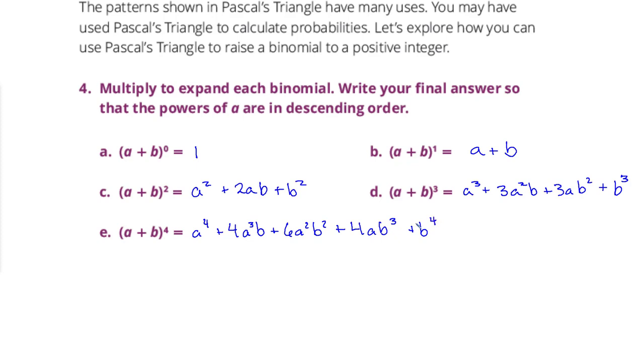Again, I told you we're going to be using Pascal's triangle. I want you to compare this to Pascal's triangle and see what the connection is between what we just did and Pascal's triangle. What are my coefficients? Do these show up anywhere?